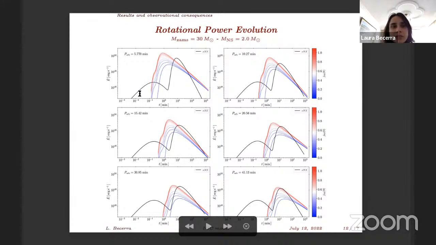So this first peak is going to be almost independent of the initial orbital period of the system, but this second peak will happen early and it's going to depend on the initial orbital period. It's going to be greater for short orbital period and smaller for longer orbital period.